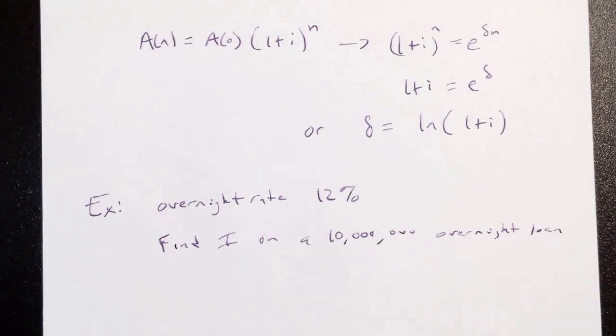Why might you have a large loan like this? What's a justification that you can imagine that you need $10 million today that you won't have until tomorrow? Payroll gets paid at the end of the month, right?